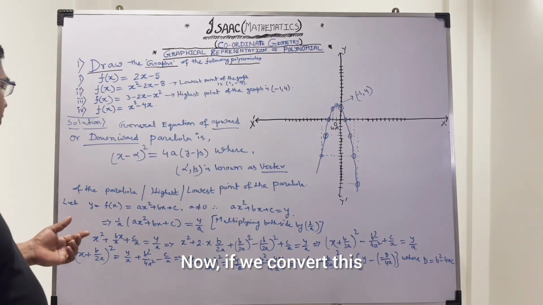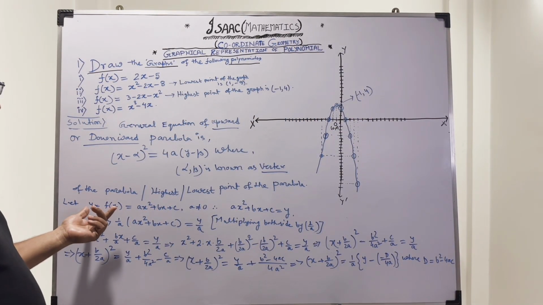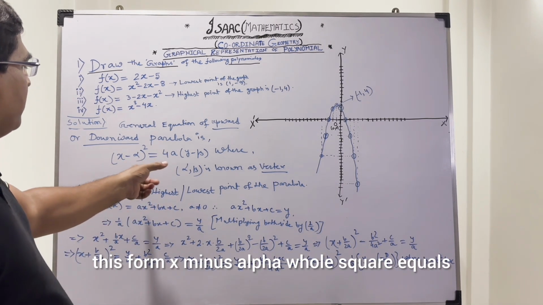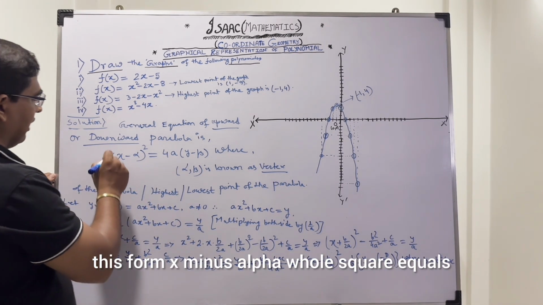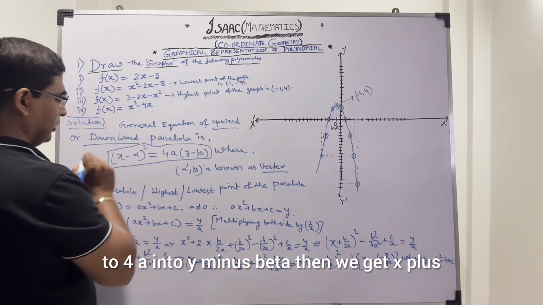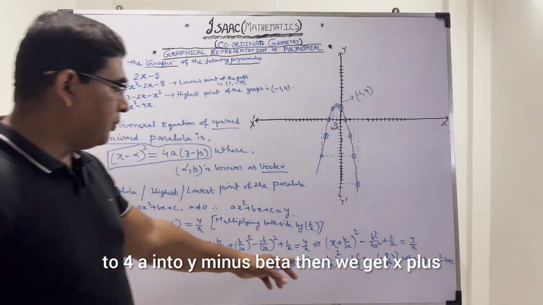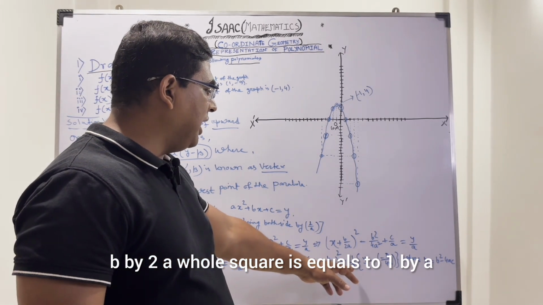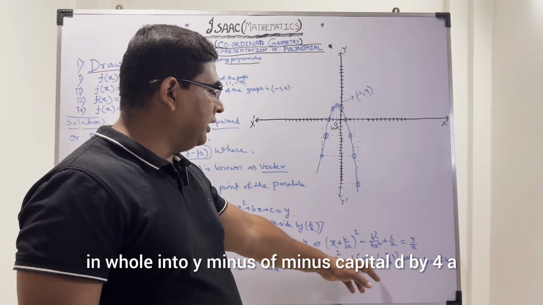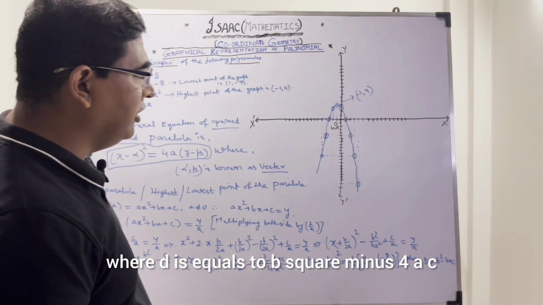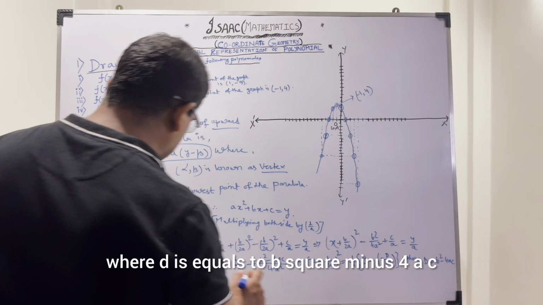Now, if we convert this y equals to ax square plus bx plus c in this form, x minus alpha whole square equals to 4a into y minus beta, then we get x plus b by 2a whole square is equals to 1 by a into y minus of minus capital D by 4a, where D is equals to b square minus 4ac.